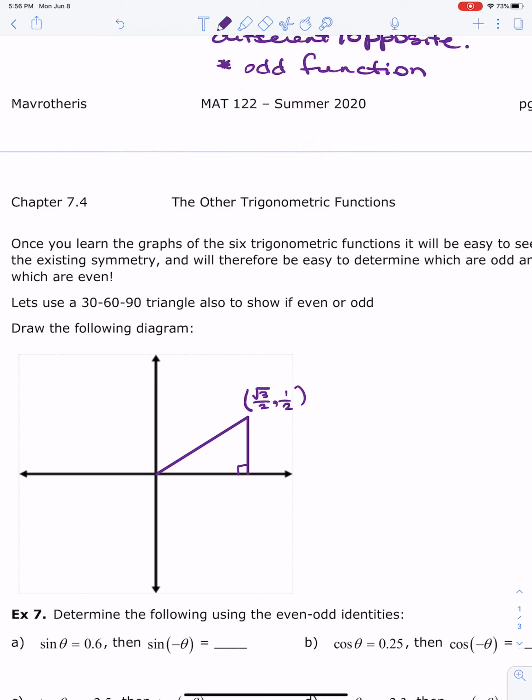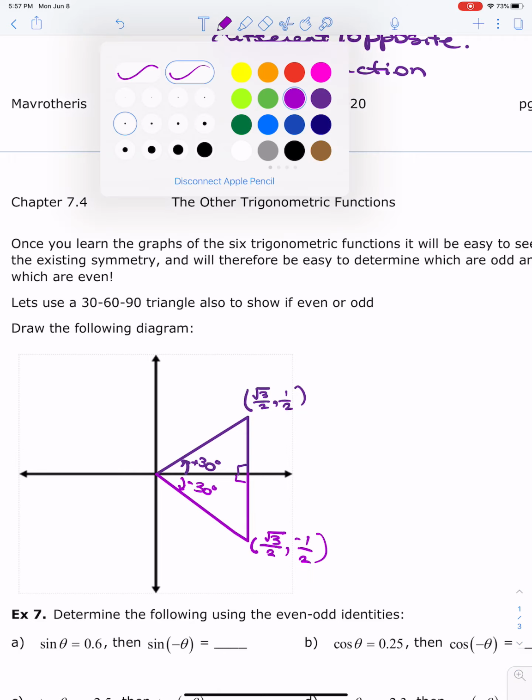That was our positive 30. And now if we reflect that over the x-axis, now our theta is negative 30. We still get positive square root of 3 over 2. Our sine is negative 1/2.